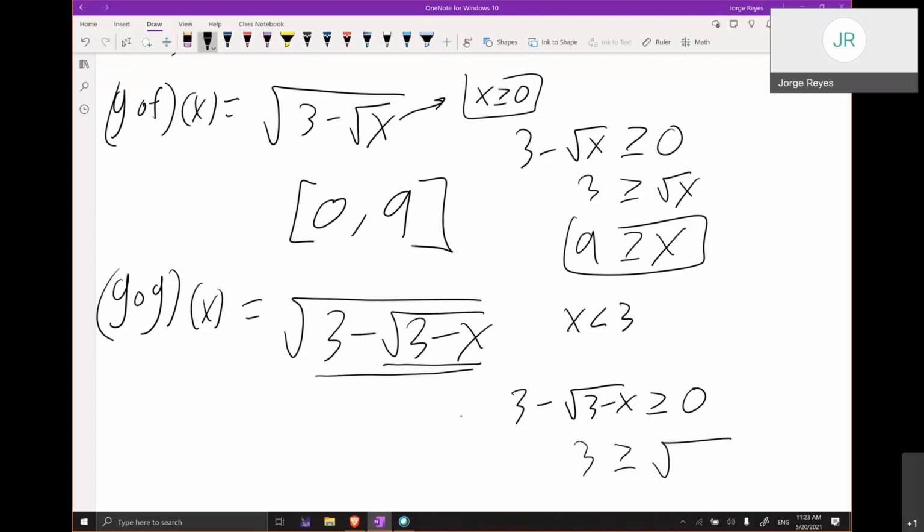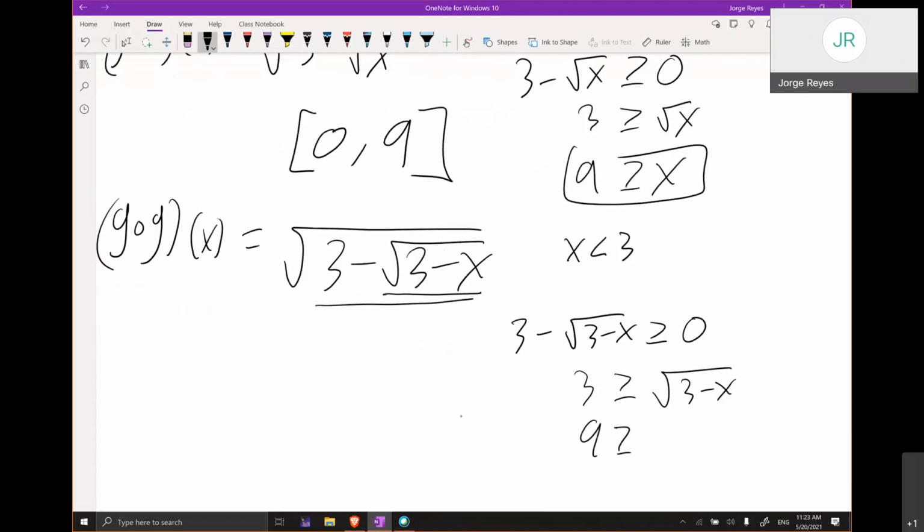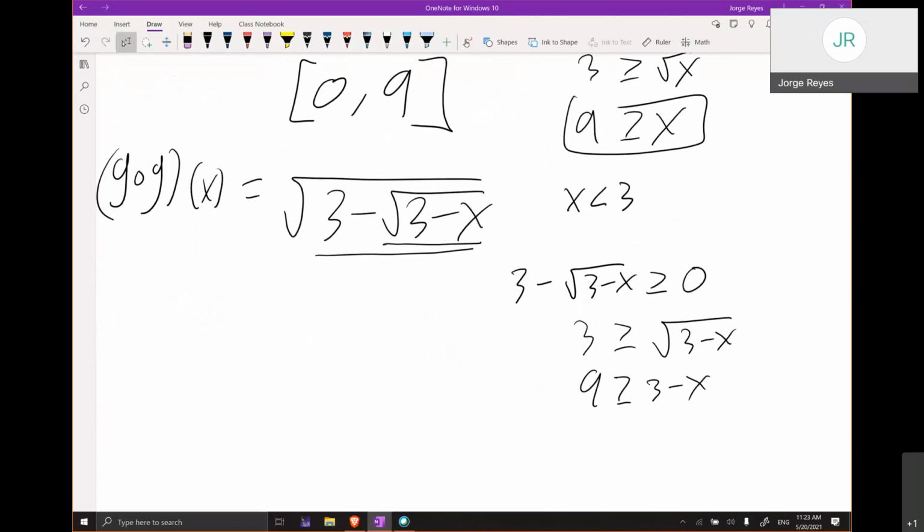Square both sides, add, subtract. So x needs to be greater than or equal to negative 6. So x needs to be less than or equal to 3, but greater than or equal to negative 6. So that gets you negative 6 to 3. So we get that domain.